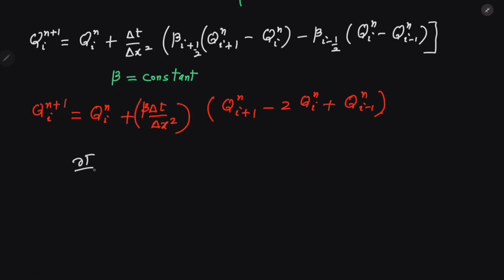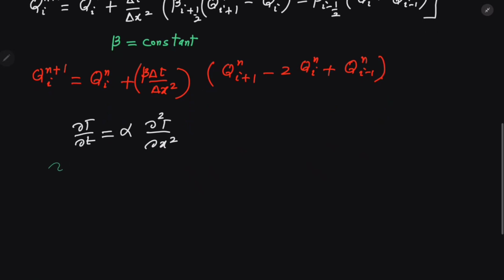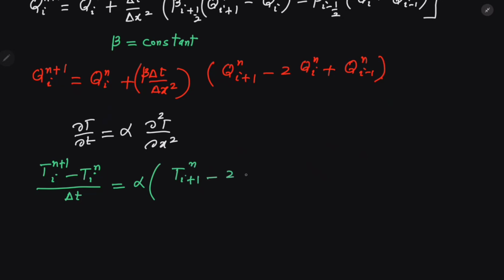For example, for the heat equation with alpha partial square T by partial x square, for the time we have T n plus 1 i minus T n i divided by delta t is equal to alpha times T n i plus 1 minus 2 T n i plus T n i minus 1 divided by delta x whole square.